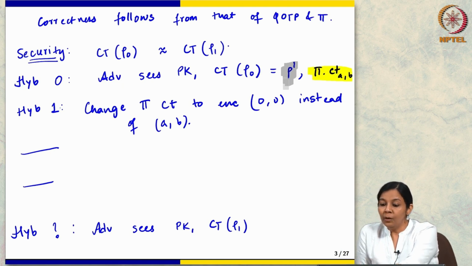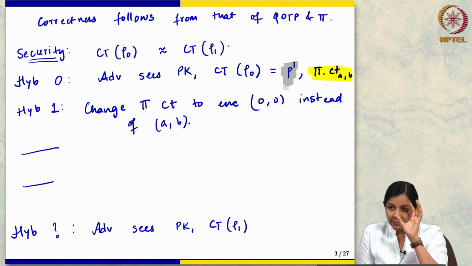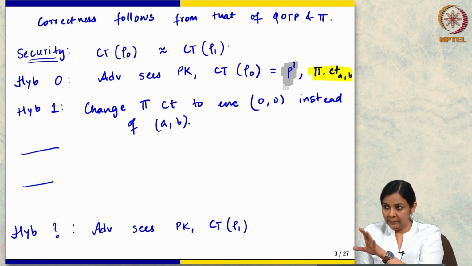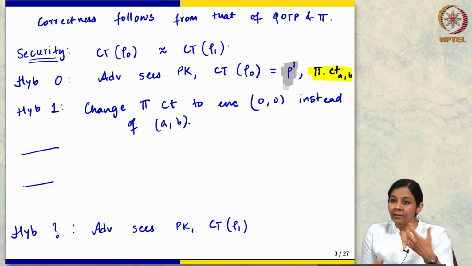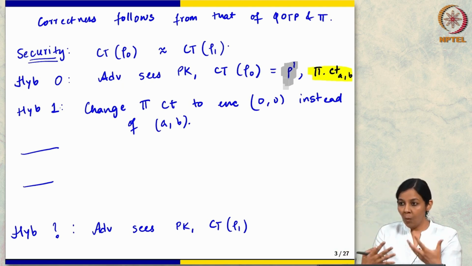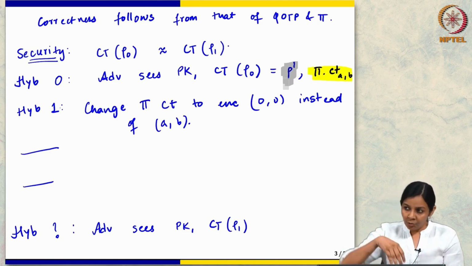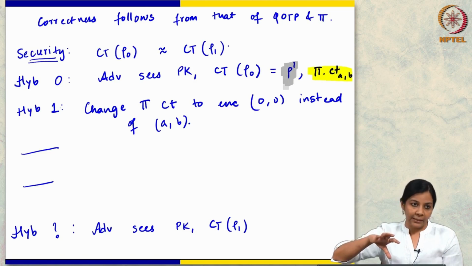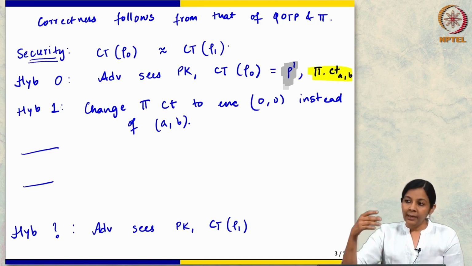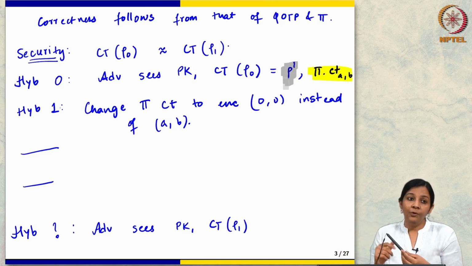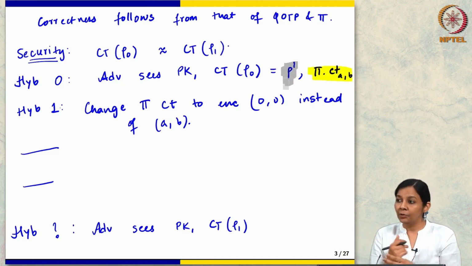So, these two components in the ciphertext, right, the QOTP and the classical ciphertext, they are correlated because they share AB. So, if you simply throw away one and replace it with another, then you need a very careful argument to say that the distribution does not change.